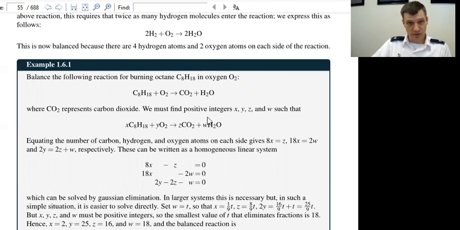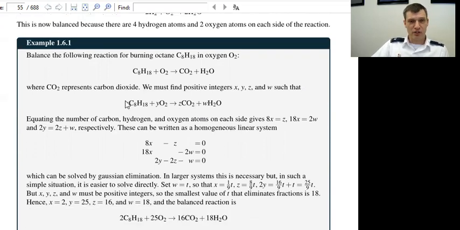So the question is, how much octane and oxygen do I need to produce how much carbon dioxide and water? How do these chemical reactions balance? So how much octane is X, how much oxygen is Y, how much carbon dioxide comes out is Z, and how much water comes out is W. Those are my variables. Right?